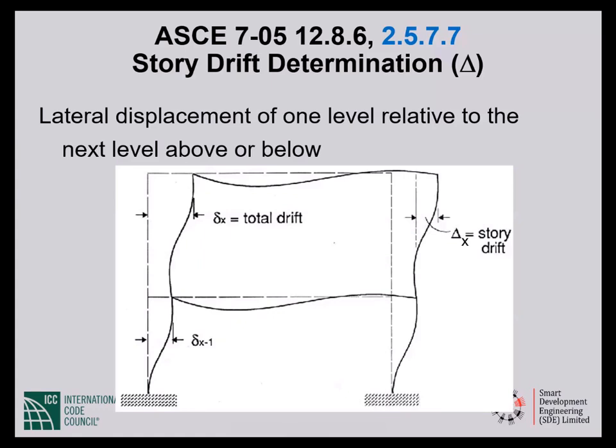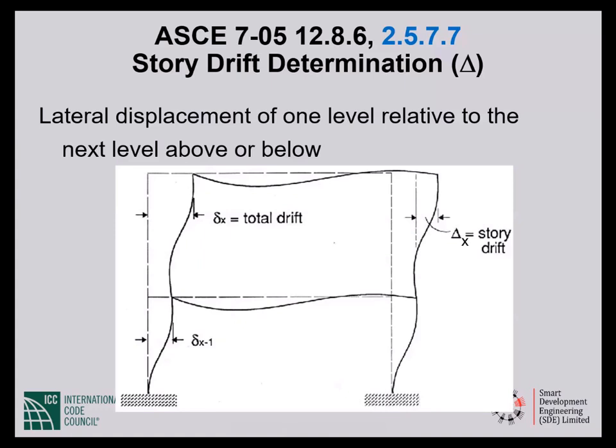Most of the seismic design provisions of the code are life safety provisions or collapse prevention these days. Remember, we design to prevent collapse in the maximum considered earthquake. Most of the provisions are directed towards ensuring that. But in two places in the code, we go beyond strict life safety.